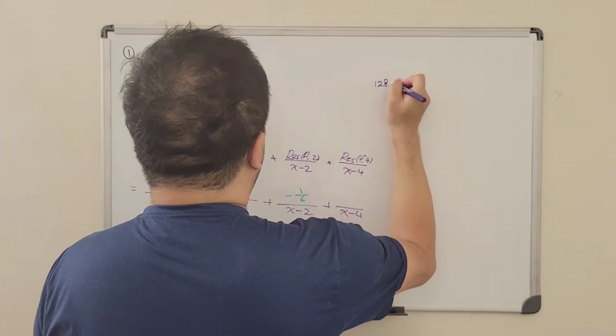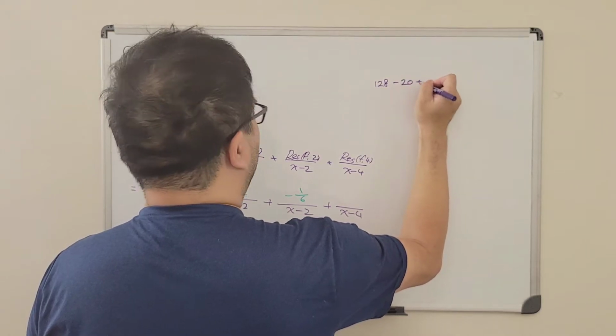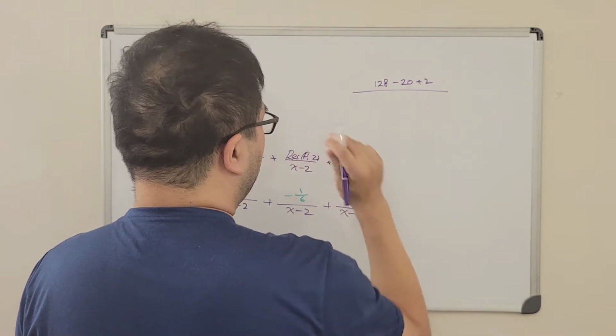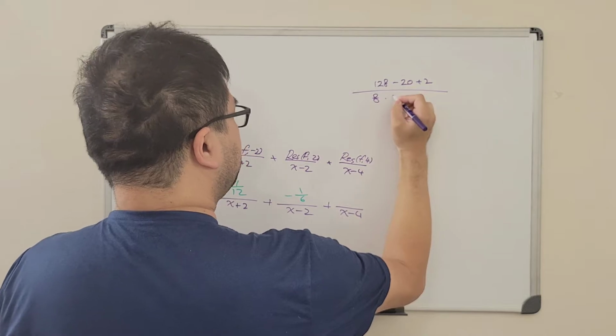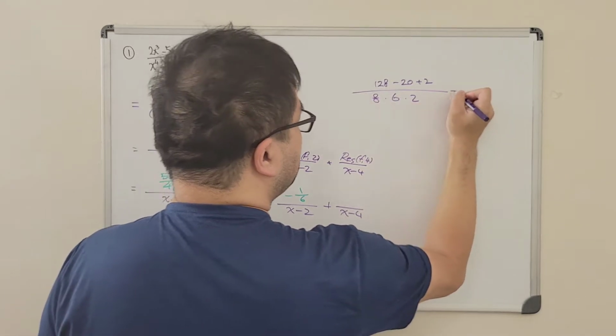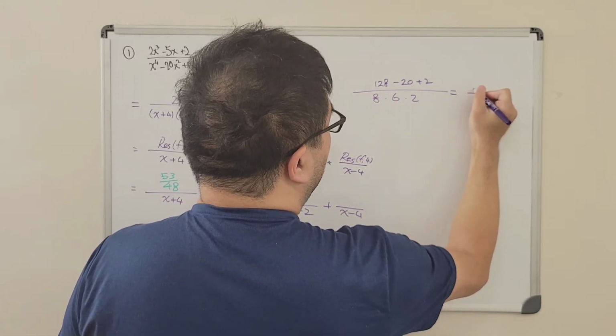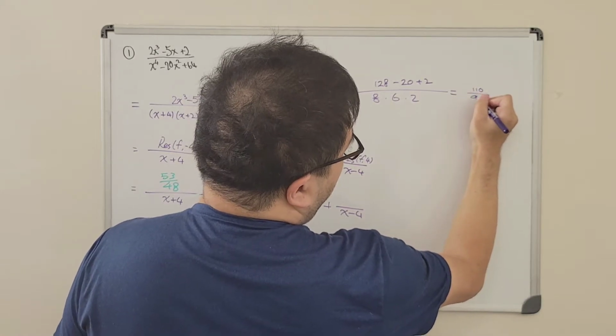And lastly, we need to figure out the residue when x is equal to 4. We will get 128 minus 20 plus 2 all over 8 times 6 times 2, which gives us 110 over 96.